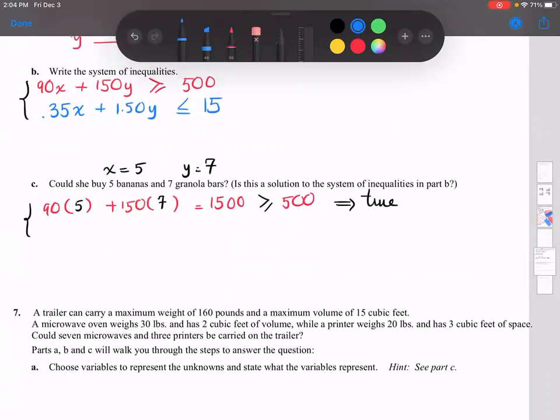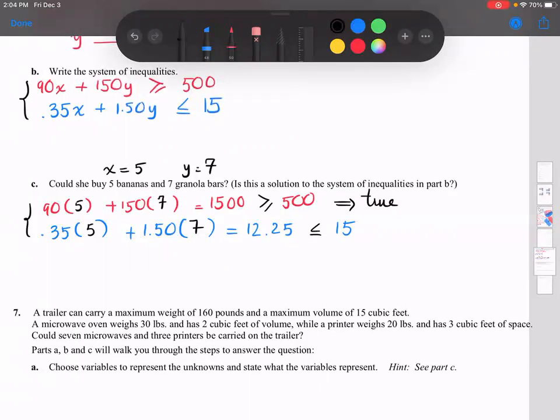And then the second one: 0.35 times 5 plus 1.50 times 7. I want to know what it's equal to first. What did you get? 0.35 times 5 is 1.75, and the total is $12.25. So she's okay, right?